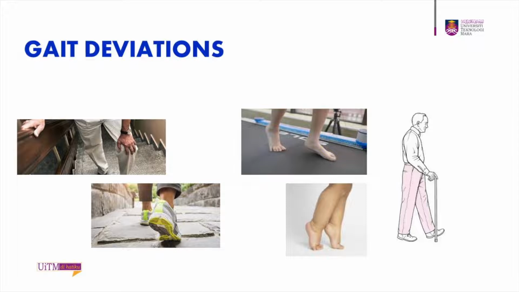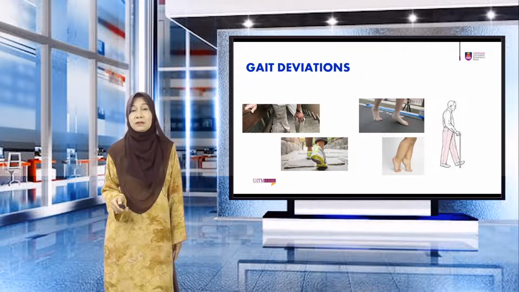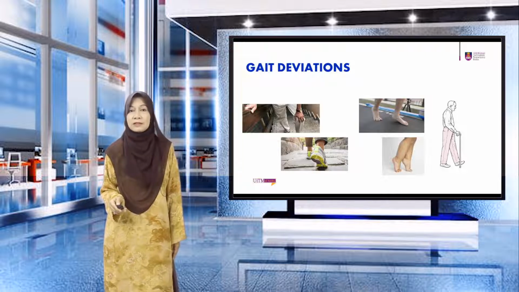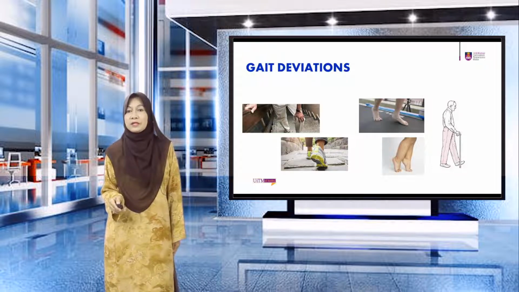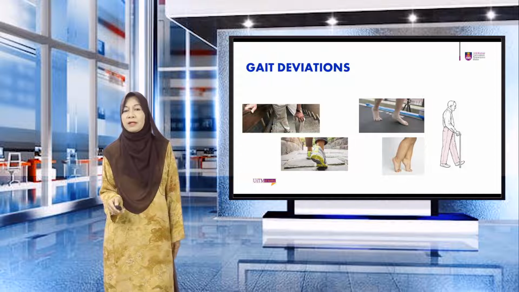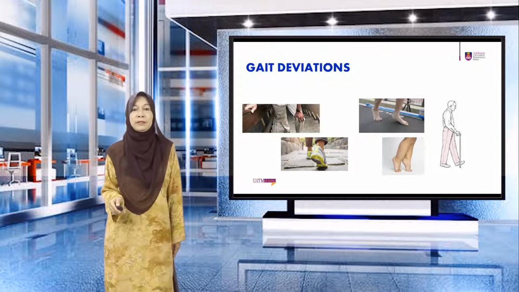Lower walking speeds, and shorter step and stride length are some examples of gait deviations. The rest include reduced plantar flexor force production, reduced hip extension, reduced pelvic girdle and hip rotation, increased double support time, greater variation in stride width, as well as a wider base of support. Those are some examples of gait deviation.